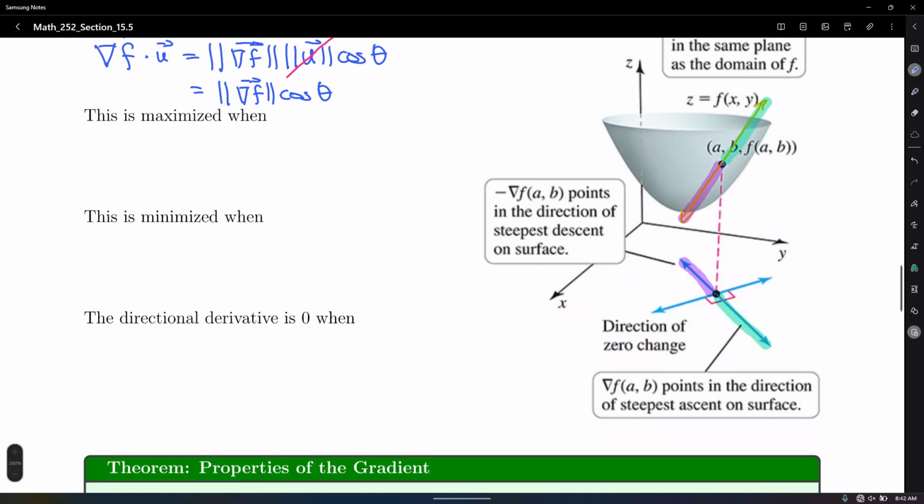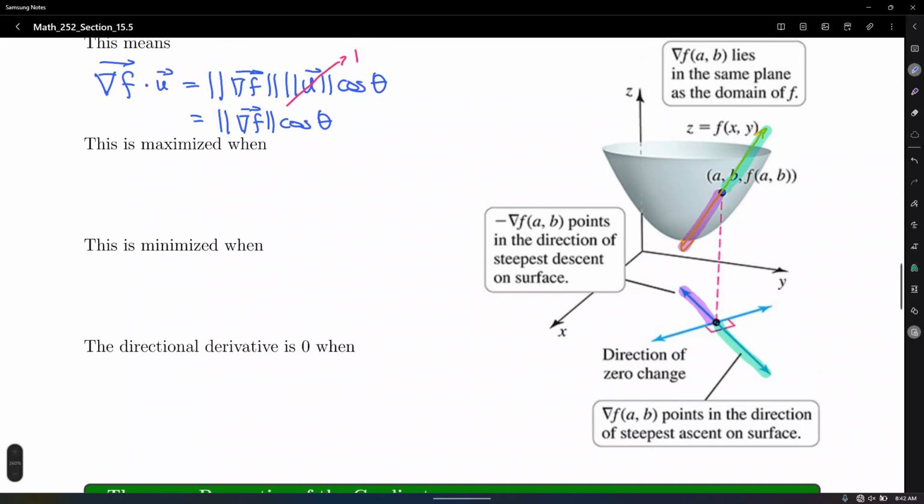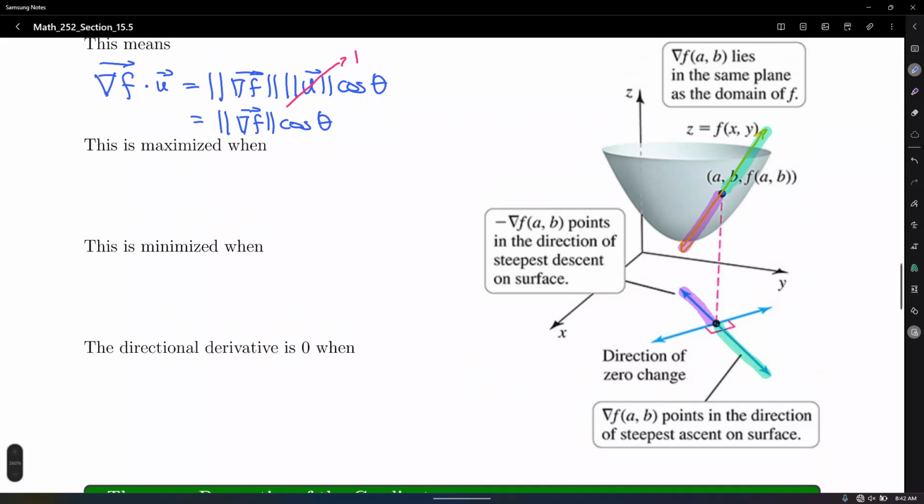So, this function right here is maximized when? When is the cosine function maximized? When theta equals 0, right? So what is the value of the directional derivative?